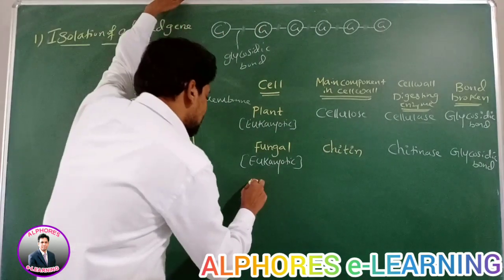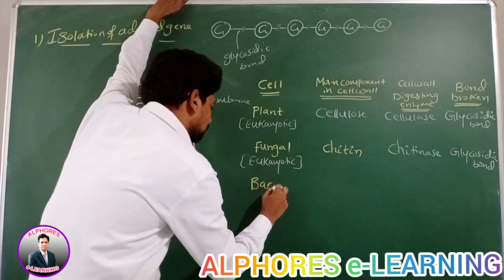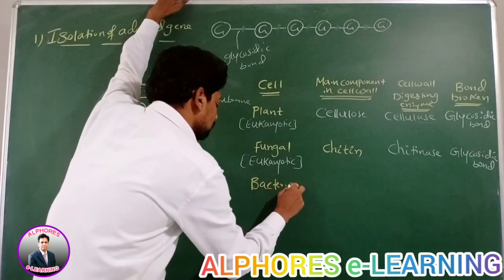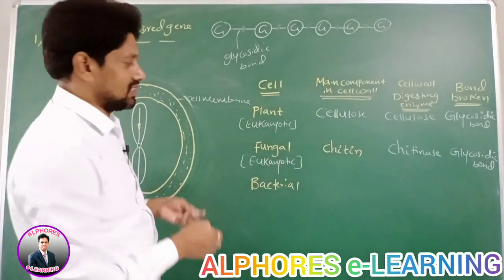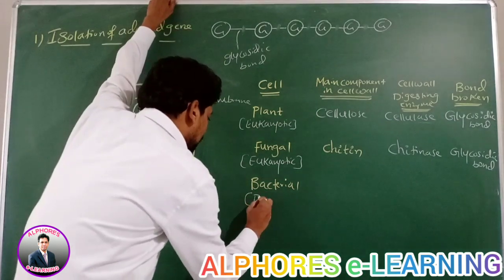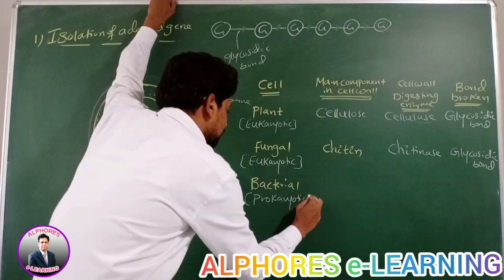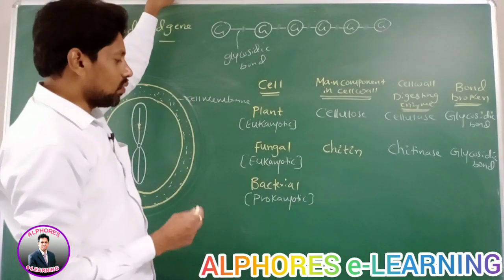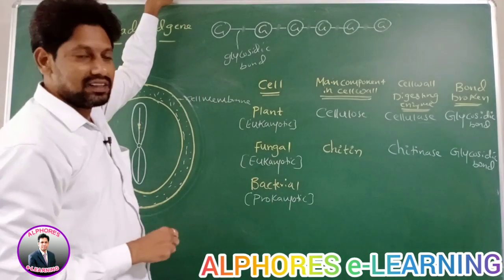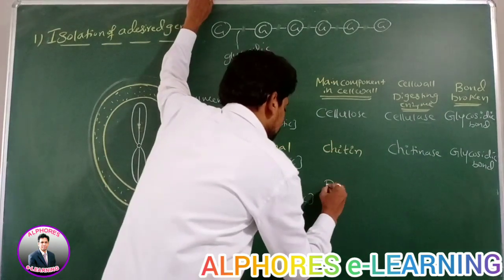Right. I am taking a bacterial cell. Bacteria, is it prokaryotic or eukaryotic? It's prokaryotic, right? What is the main component in the bacterial cell wall? Peptidoglycan.